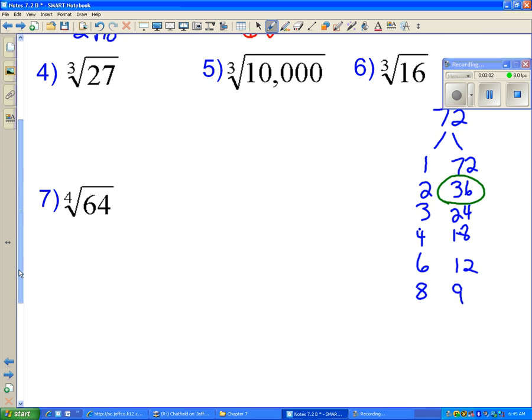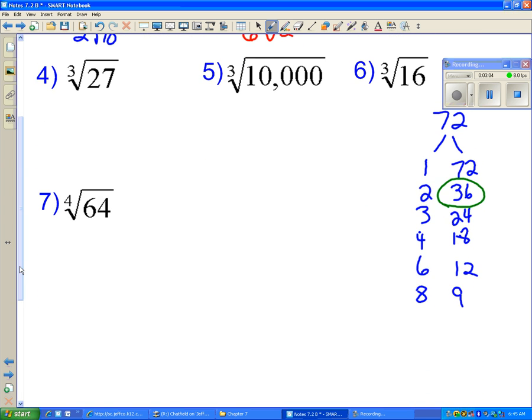Well, what else could I have done? If I looked at this, I could have realized that 4 was a perfect square. I could have realized that 9 was a perfect square. Could I have used either of those? Yes, but once I realized that 4 was a perfect square, I needed to realize that 18 was 2 times 9, and there's another perfect square.